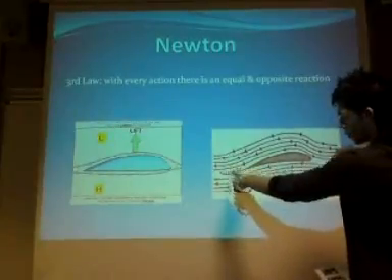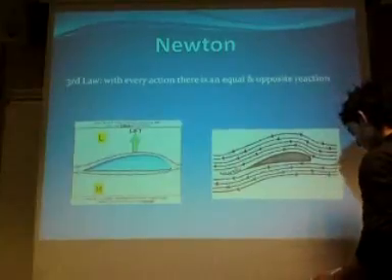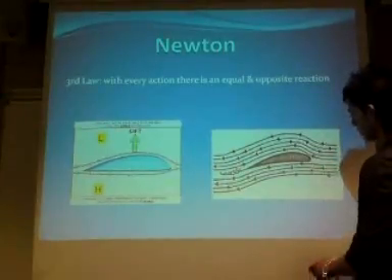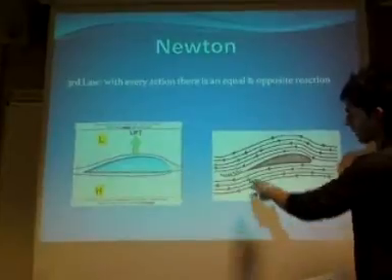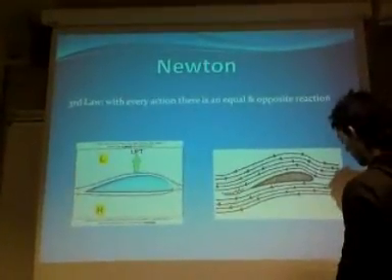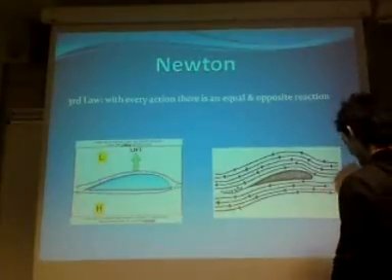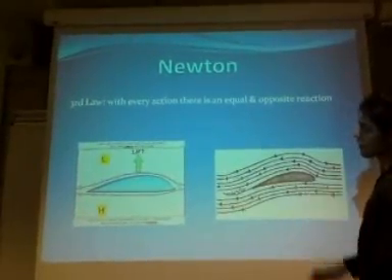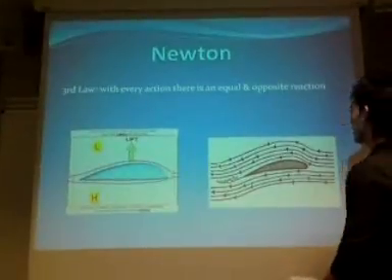It also creates whirlwinds on the back. The upwash cancels out the downwash, which gives us a downward deflection of air. Again, with every action there's an equal and opposite reaction.